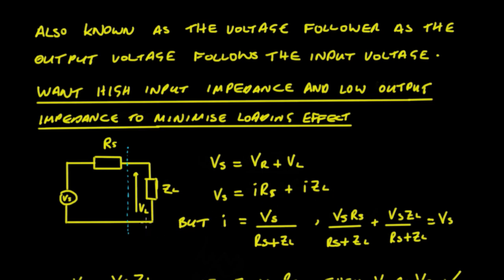But we can work out the maximum value for the current: it's just equal to the voltage Vs divided by the total resistance, which is Rs plus ZL. So we can rewrite that equation as Vs equals Rs, with I replaced by Vs upon Rs plus ZL, and again for the load term, we take ZL and replace I with Vs upon Rs plus ZL.